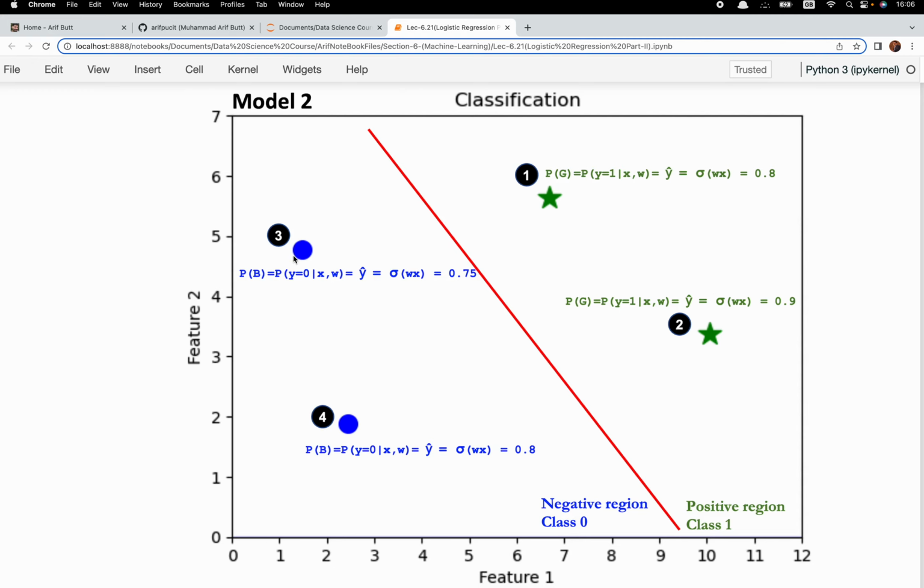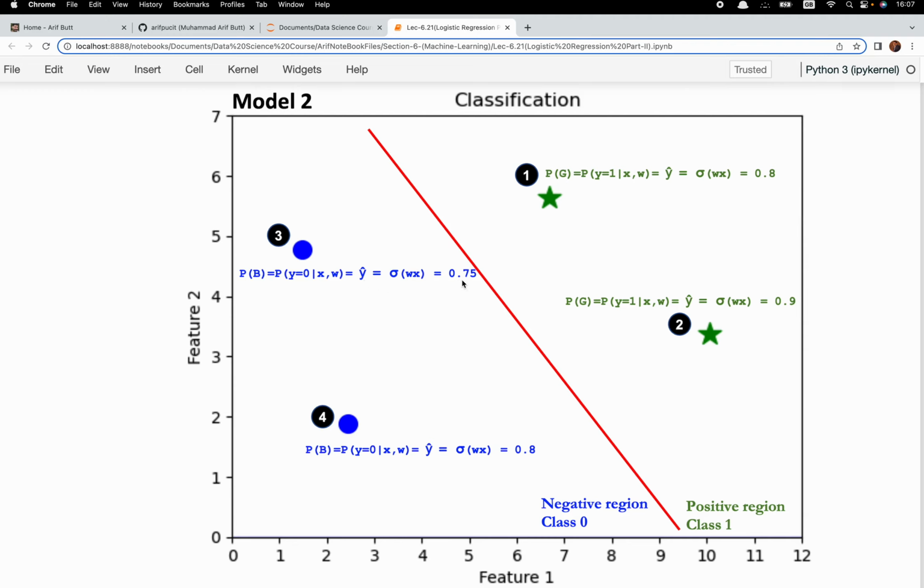Now consider this data point 3 shown with this blue circle. We have its feature vector x and the output label y, which says that it belongs to class 0. Suppose then we compute y hat, and it comes out to be 0.75. This is a hypothetical value.